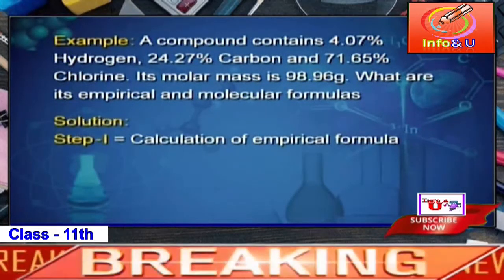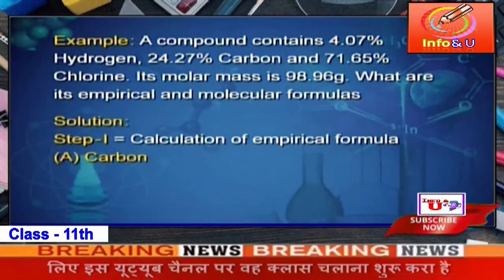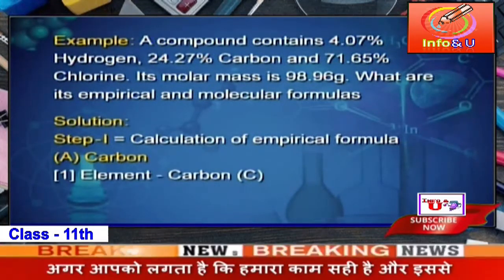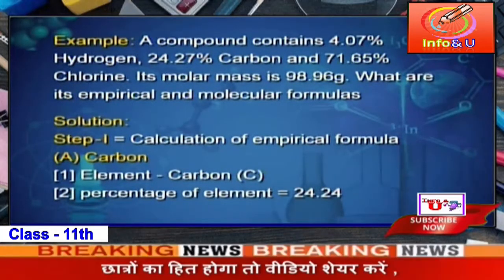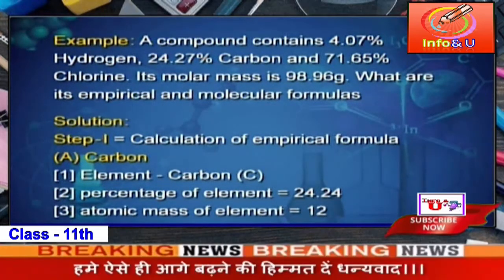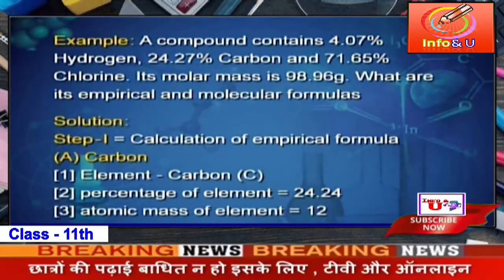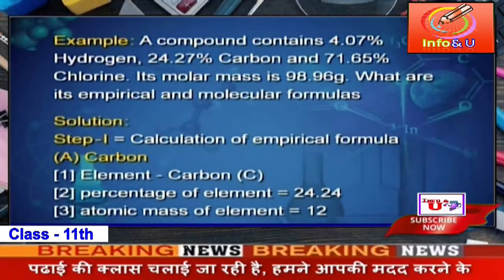First step, calculation of empirical formula. We take first carbon. The percentage of the element as given in the question is 24.27, and the atomic mass of the element is 12. So moles of carbon is 24.27 divided by 12, which is equal to 2.02 moles.